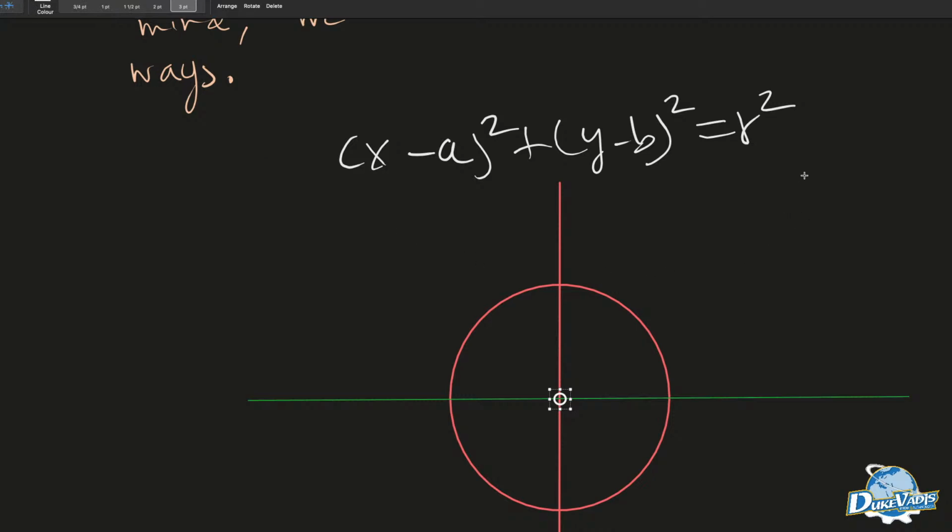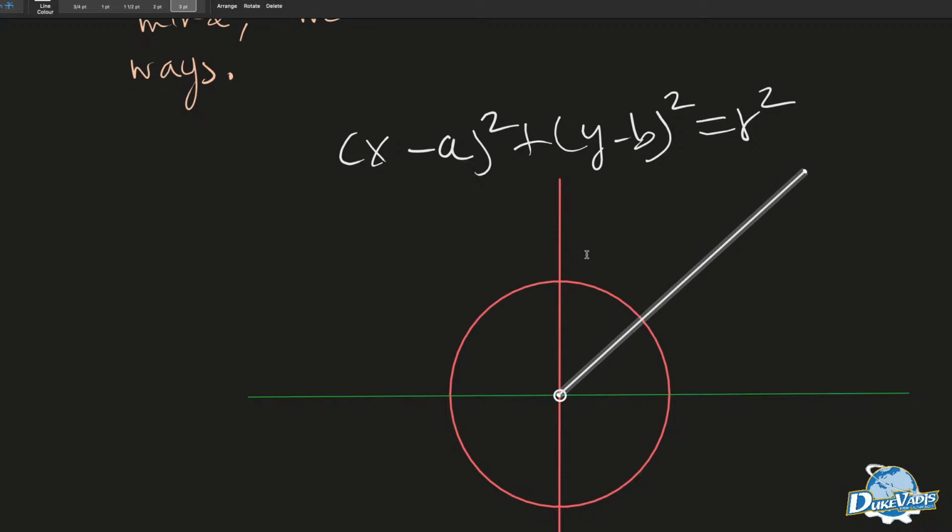When we draw any line from any point on the circle to the center, as far as it intersects with the circle, we can say that is a radius of the circle.